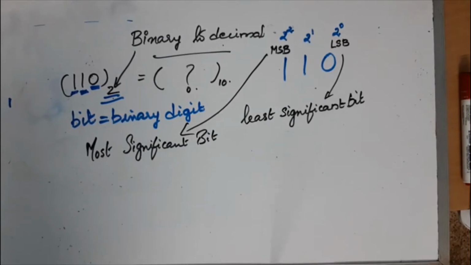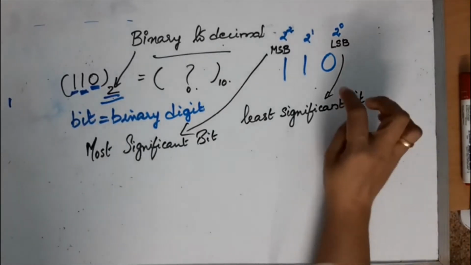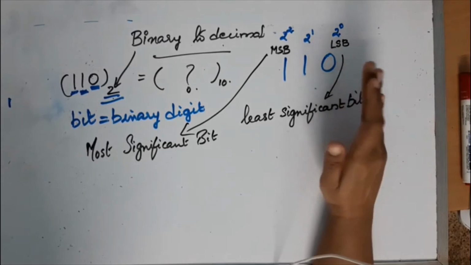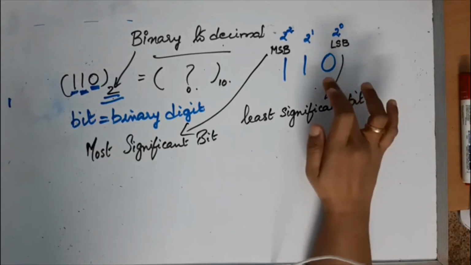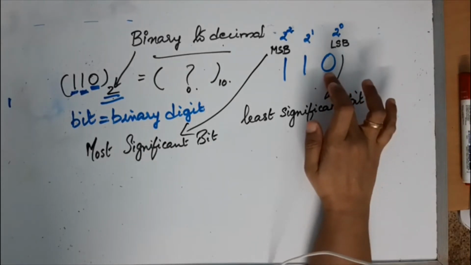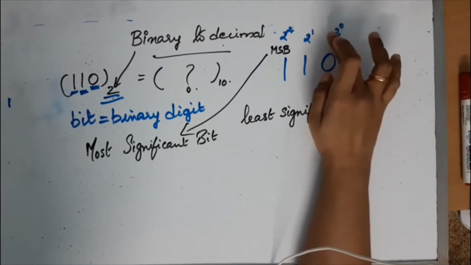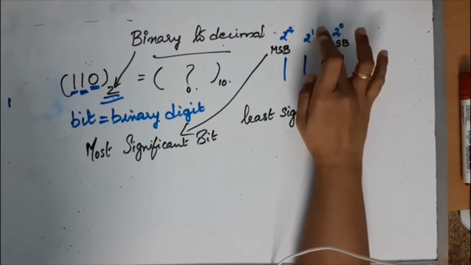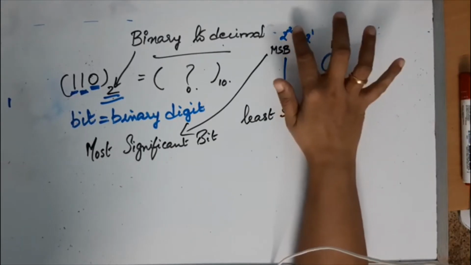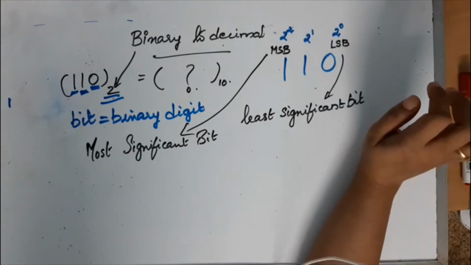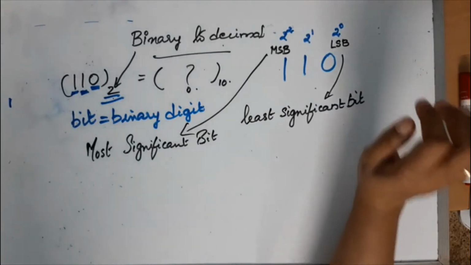So how do you write the weight? From the rightmost value, here in this case it's 0. So 0 has a weight of 2 raised to 0, where 2 is the base. 1 has 2 raised to 1 and this one has 2 raised to 2. Clear?